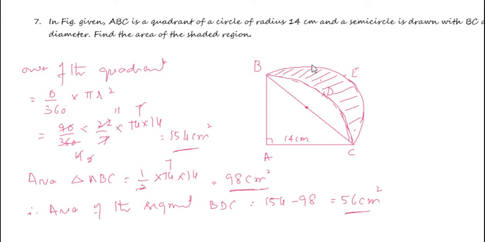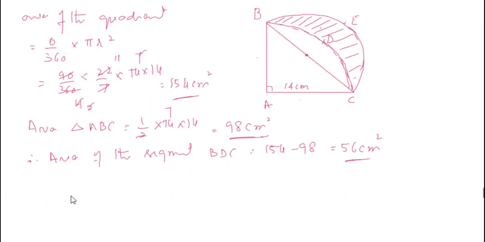Now let us calculate the area of this semicircle. For that, first we need to find out this. This is the diameter. Now this is 14, this is 14. So BC, the diameter of the semicircle, BC equal to square root of 14 square plus 14 square.